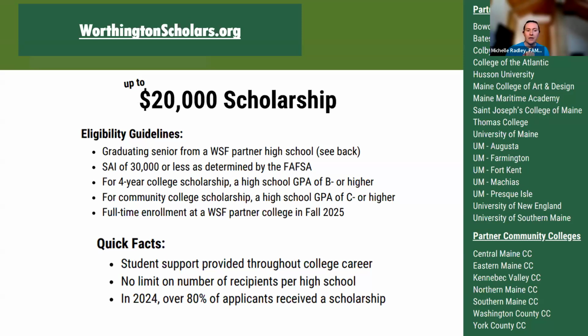They've upped the eligibility to SAIs of $30,000 or less, which is a pretty high SAI for people to be eligible. I also love to share that last year, over 80% of the applicants received the scholarship. So it's not necessarily a huge reach for individuals. They really are trying to provide financing for school. It's a really, really awesome program. I suggest you check it out.